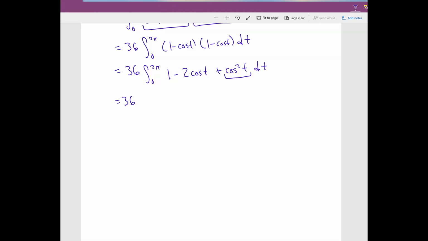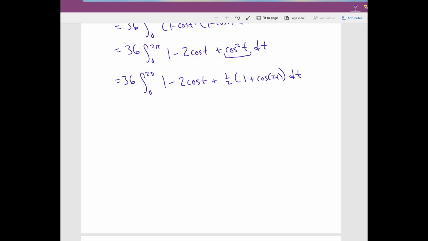So this is going to be 36 integral from 0 to 2 pi, 1 minus 2 cosine of t. This is just equal to 1 half, 1 plus cosine of 2t. Okay, we can FOIL that out. That's going to be 36 integral from 0 to 2 pi, 1 minus 2 cosine of t plus 1 half plus 1 half cosine of 2t.